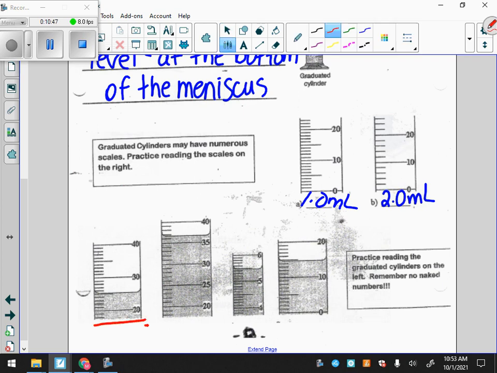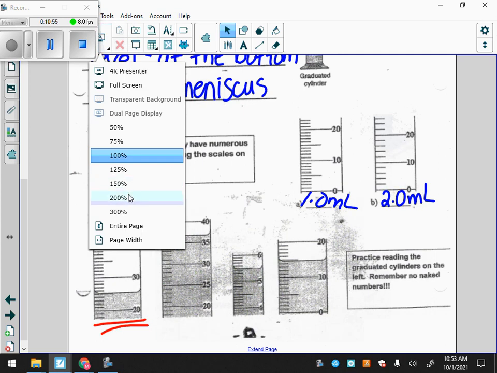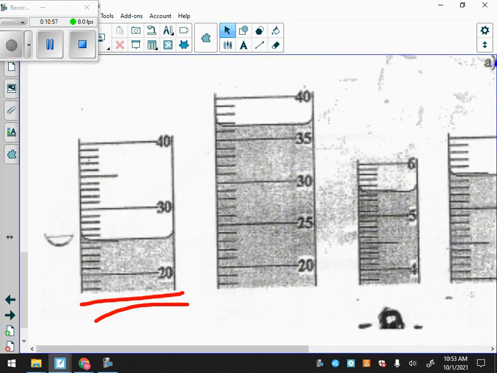This one you can't see, but you can see this one. You can see where the water goes. And you don't have to. Right, look, you don't have to see. All you have to see is this line right here. So you don't have to worry about what's down here. You just see this. So you see that's 35 and that's 40.